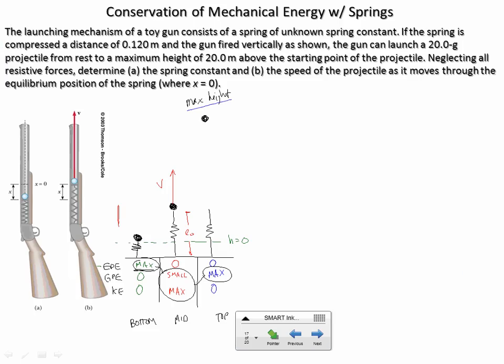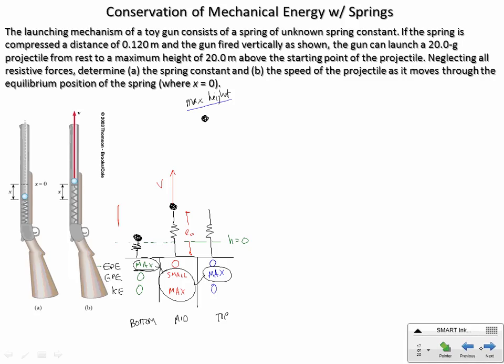So, let's see. Here's what I want you to do. I want you to solve this problem, okay? It's a conservation of energy problem, just like the ones we solved with roller coasters and watermelons rolling down hills, or sliding down hills. Rolling's a whole different thing. But anyway, you're going to start these problems like this.